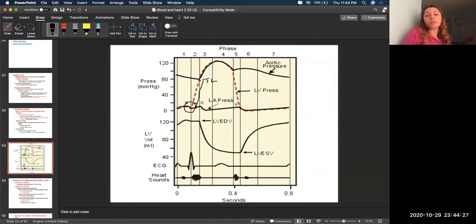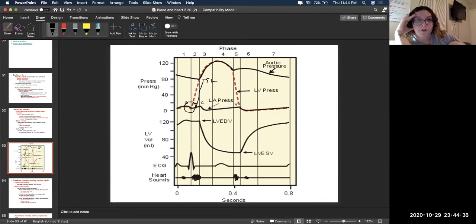And once it shoots off, this is called the ejection phase. Can I interrupt for a second? So the afterload is the ejection phase?